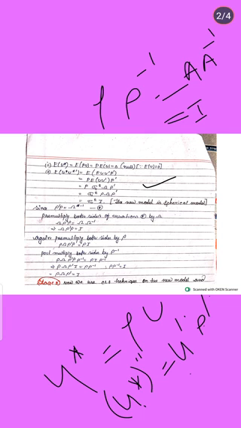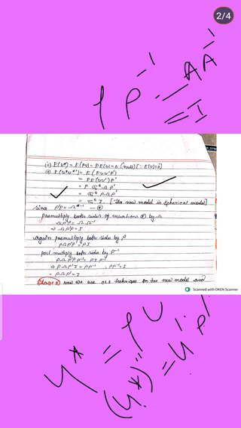So from here, the new model is a spherical model. Now P transpose P is equal to omega inverse. Pre-multiply both sides by omega.